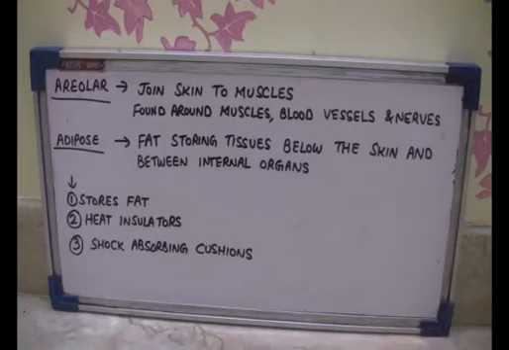If there are no adipose tissues, then the internal organs can easily crash with each other. Adipose tissues are also mainly found in internal organs and especially around our eyeballs.